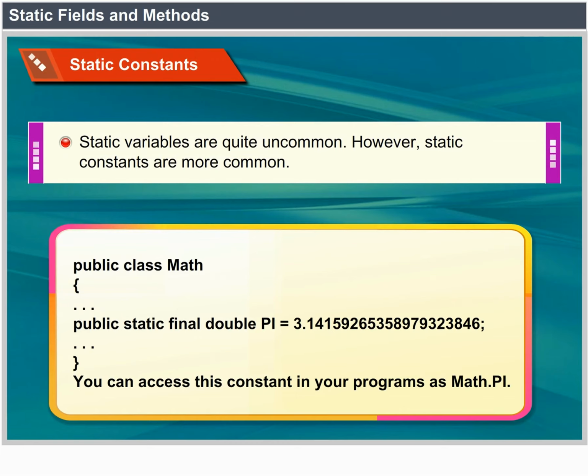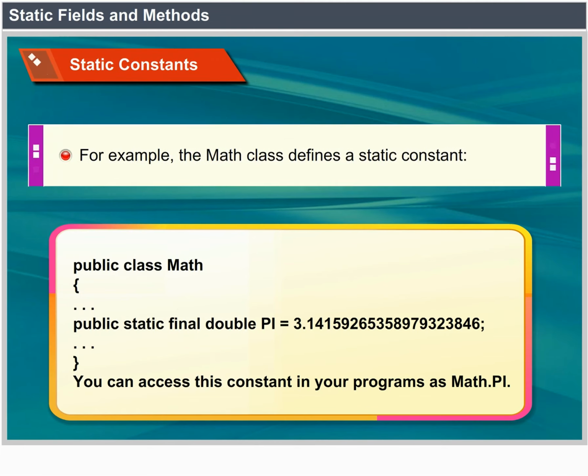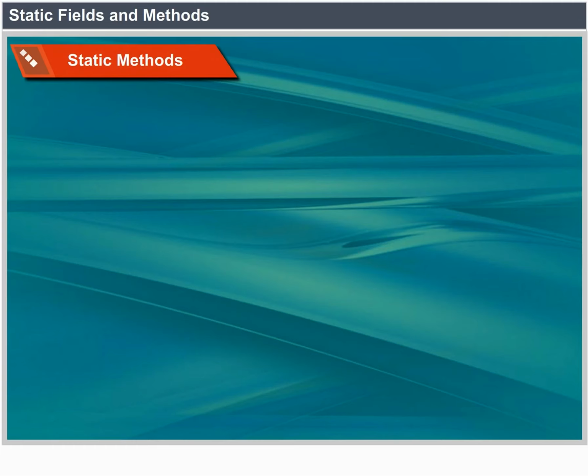However, static constants are more common. For example, the Math class defines a static constant: public class Math { public static final double PI = 3.141592653589793238466; }. You can access this constant in your programs as Math.PI.